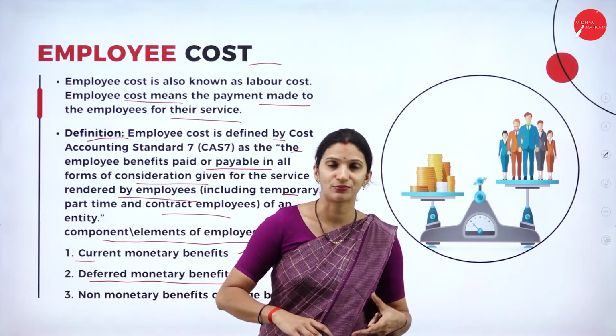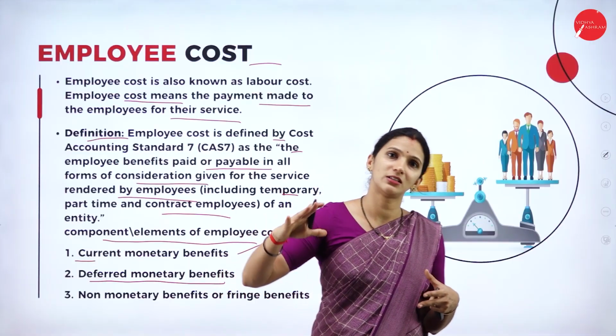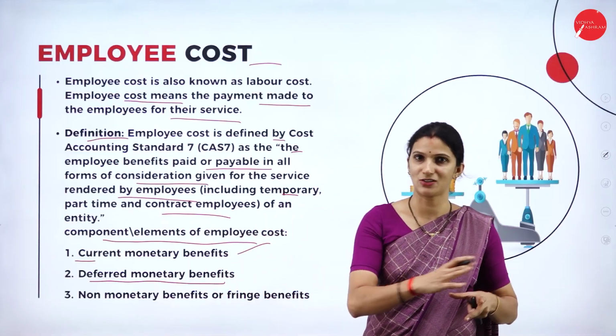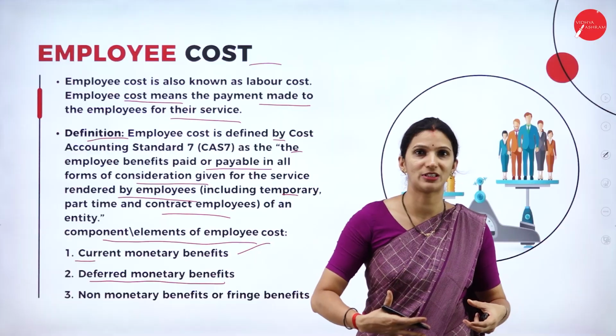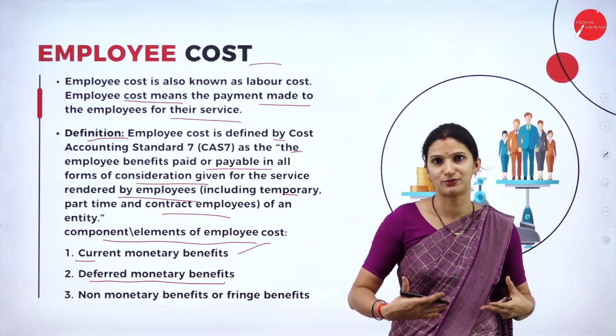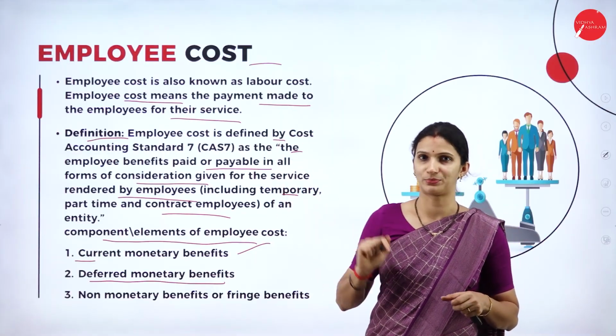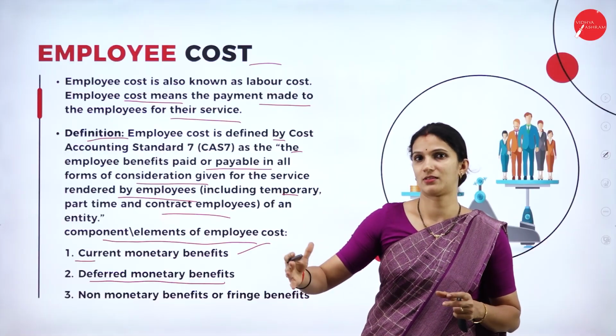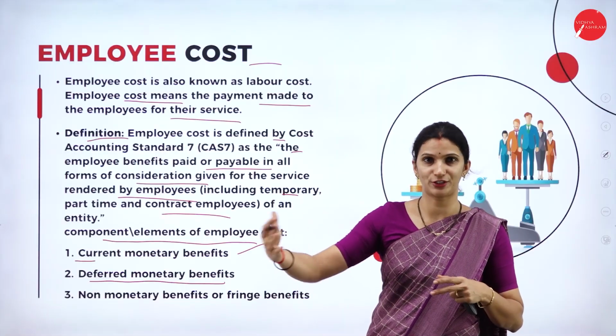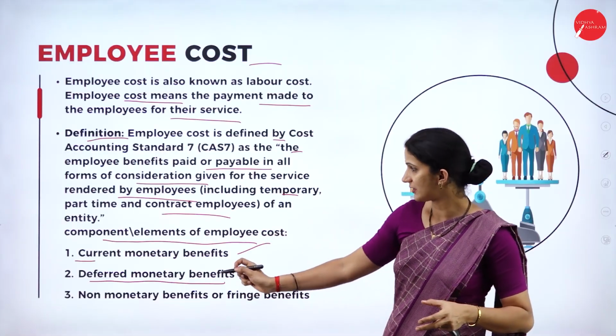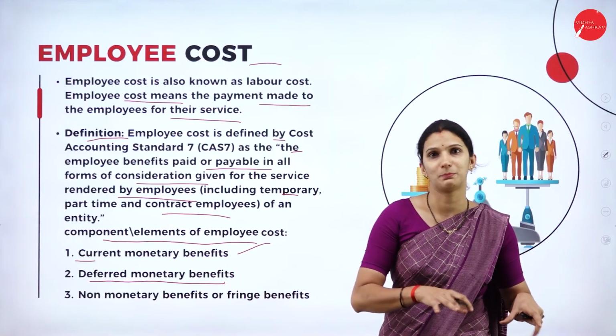These are the benefits you are going to get after some time. Immediately or on a monthly basis you won't get these monetary benefits. You will get them after some time, or after 5 years of service you can withdraw this amount. That we call the deferred monetary benefits.